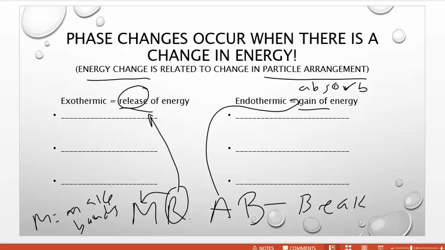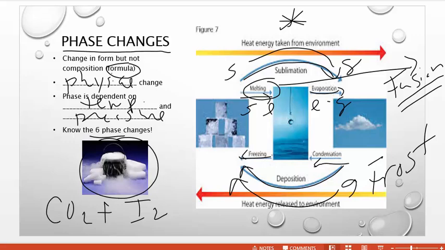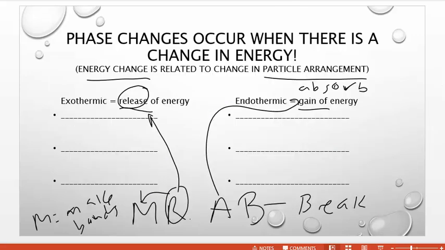So what I'm going to ask you to do right now is think about the 6 phase changes that we just talked about over here, and decide which one of these phase changes is exothermic and endothermic. In order to do so, ask yourself: are they making and putting more together, or are they breaking apart? If you can tell which ones are making and breaking, you can tell which ones are releasing and absorbing. And that will give you your exo and your endo. So I'll give you a second to do that. Pause it, and then come back, and I'll talk about it.